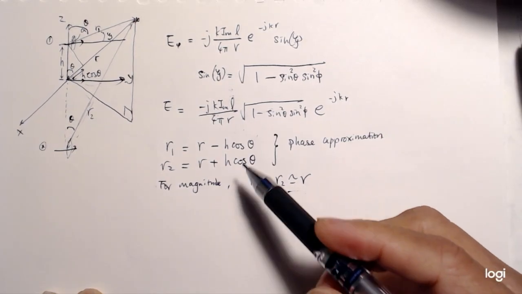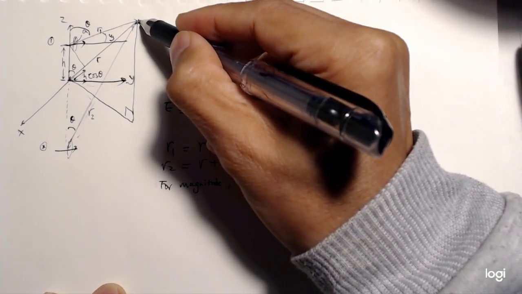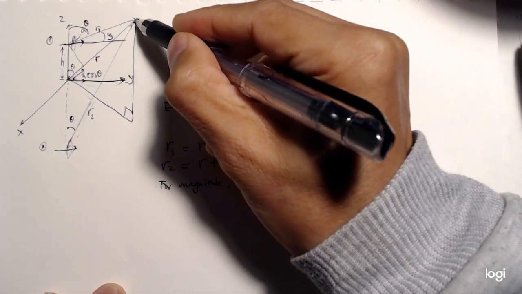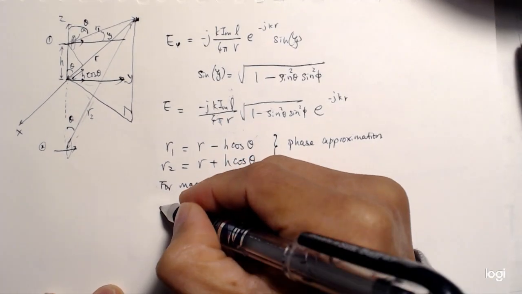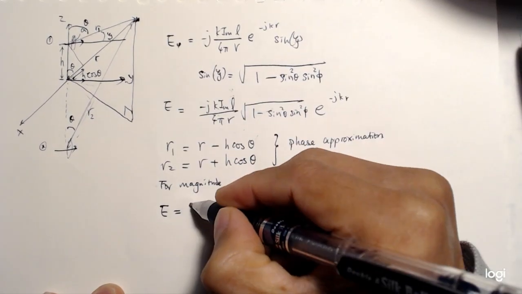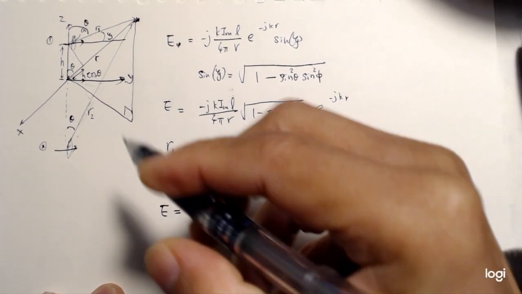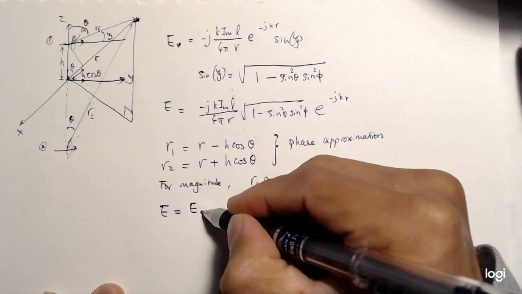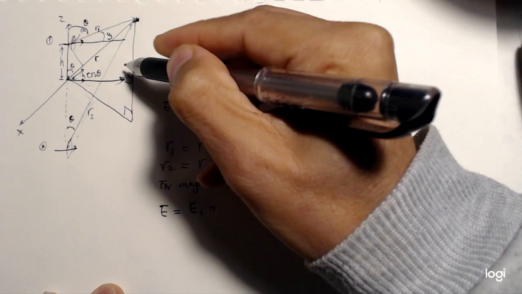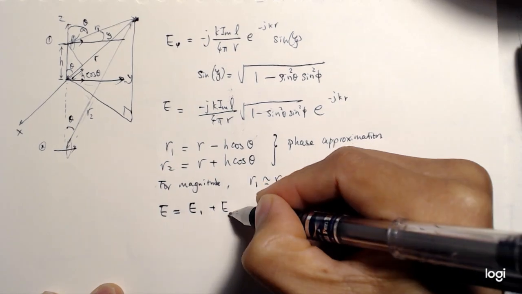Now, what is the electric field as observed by the observer? The electric field as observed by the observer is going to be the combined electric field from antenna 1 and the electric field from antenna 2.